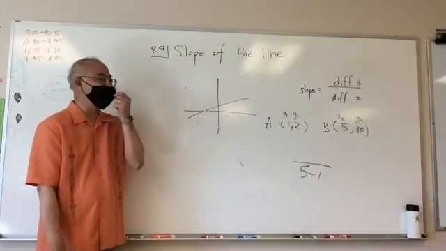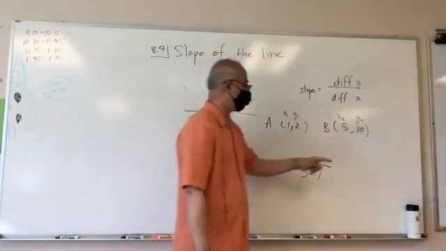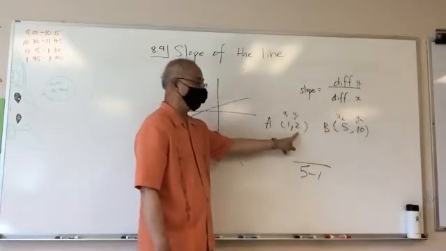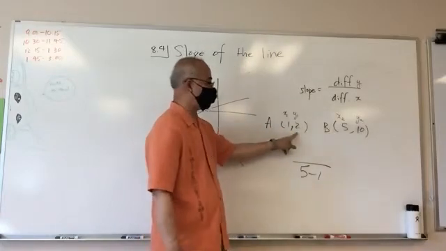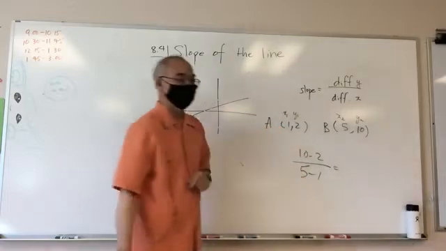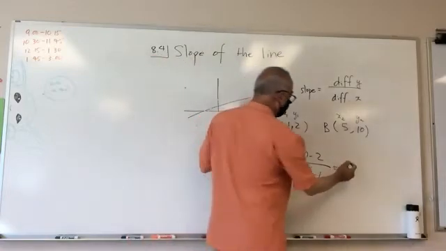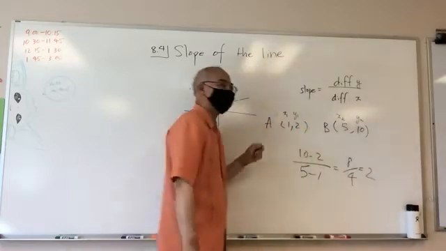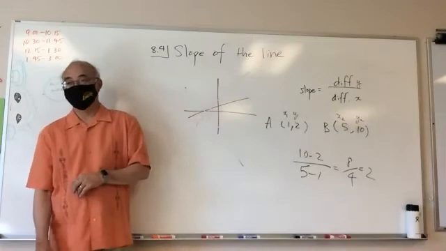What's the difference in y? You start with the y2 and subtract the y1. So I'm going to get 8 over 4, which is 2. I have a slope of 2.